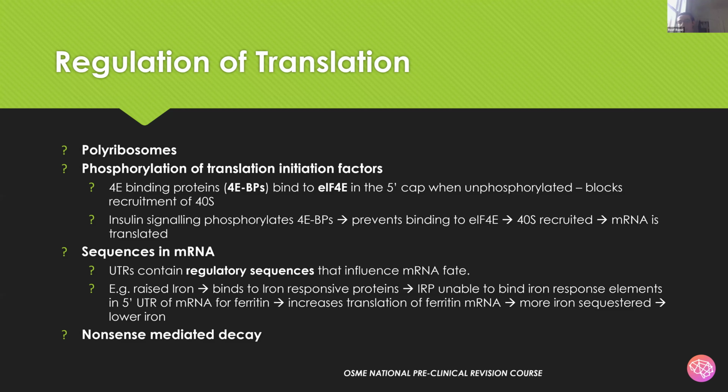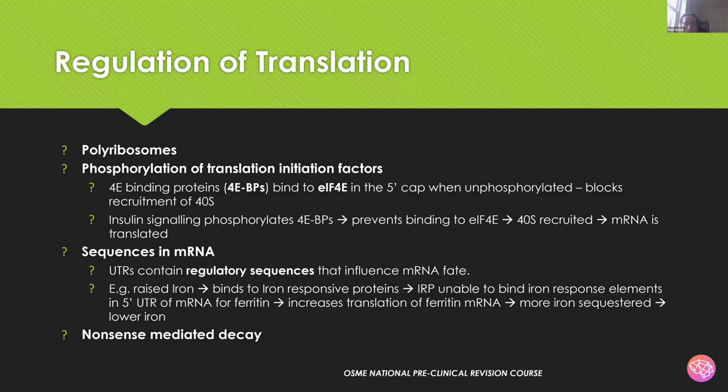Another thing that can happen is an alteration in the phosphorylated state of translation initiation factors, and this can dictate whether mRNA can begin translation. Essentially this occurs via 4E binding proteins that bind to eIF4E in the cap when unphosphorylated, and this blocks recruitment of the 40S subunit, and so that halts initiation of translation.